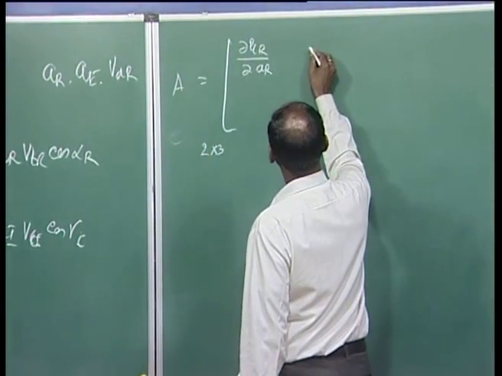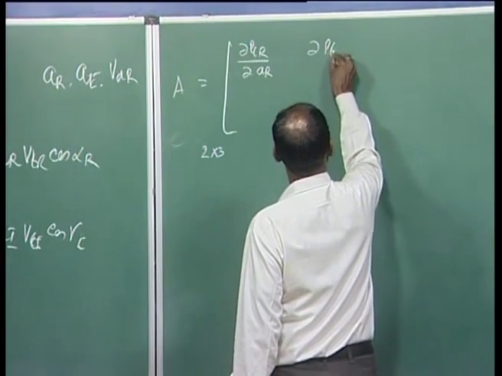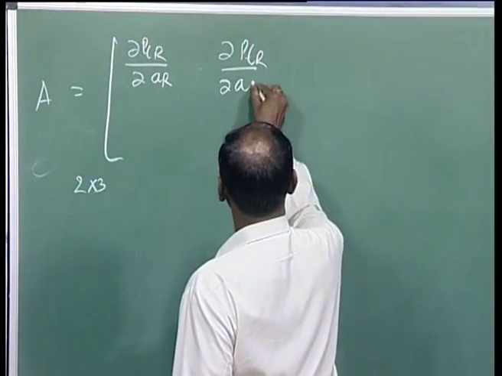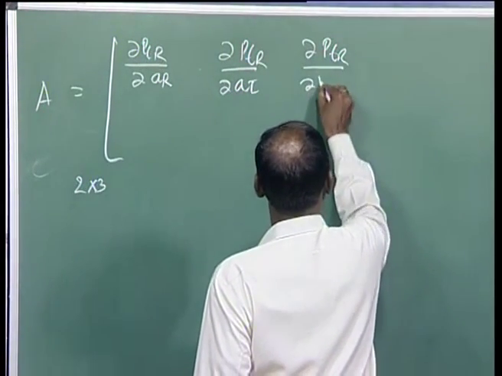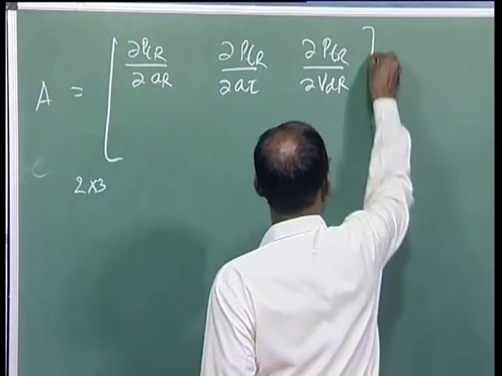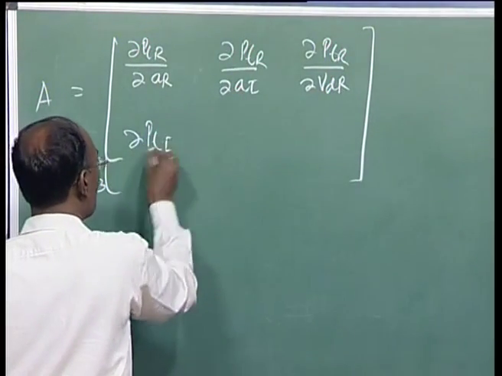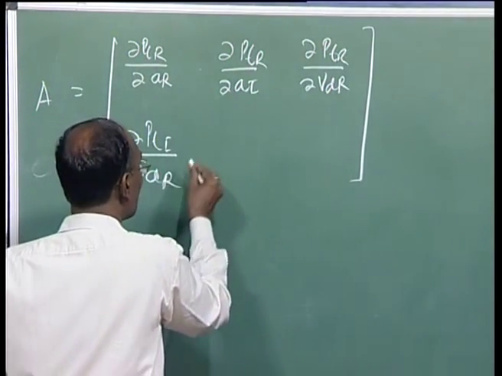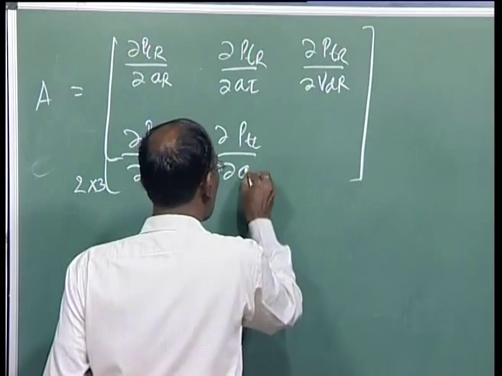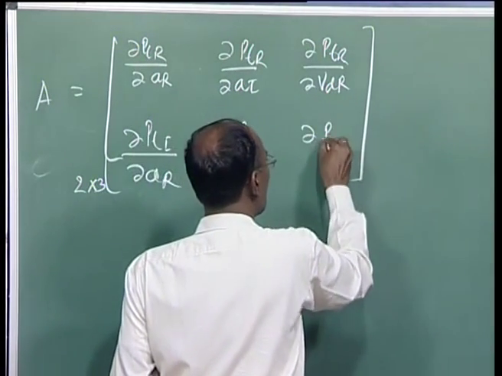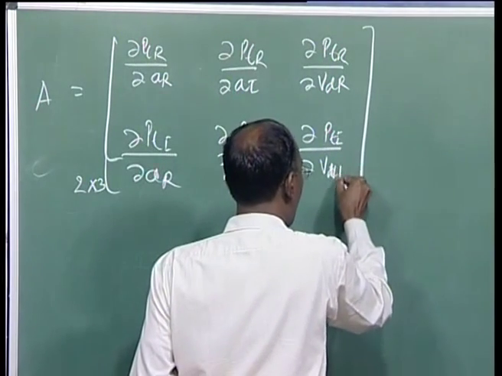Now, here PTR, your AI, and here PTR VDR. Similarly, here we have to write this PTI, AR, here PTI AI, and here PTI del VDR.